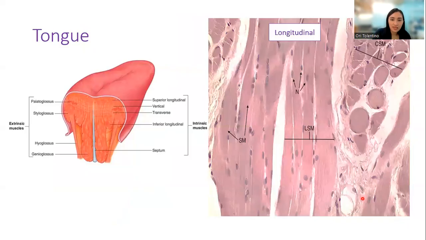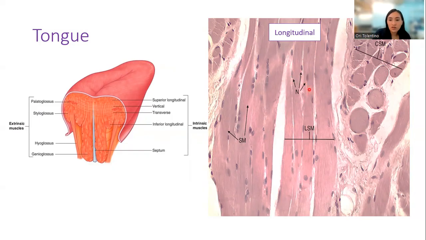Again, this is the tongue. You can see they have many layers of skeletal muscles: the genioglossus, the styloglossus, all the muscles of the tongue, and they are oriented either longitudinally or circularly. In the longitudinal section, you can see they are long, cylindrical, and have striations, and they are multinucleated. Look at the letter N; they are pointed, many nuclei.